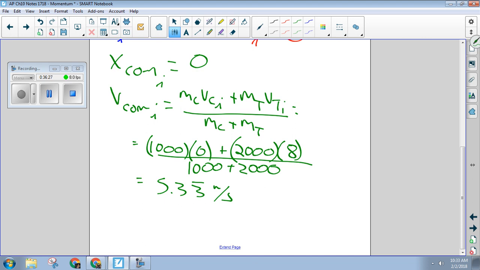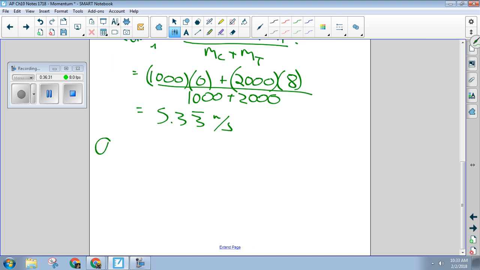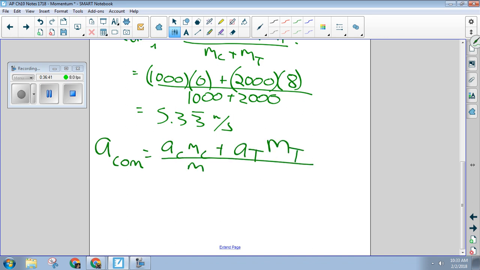All right, now I'm going to do the exact same thing for the acceleration of the center of mass. So the acceleration of the center of mass is the acceleration of the car times the mass of the car plus the acceleration of the truck times the mass of the truck, over the mass of the car plus the mass of the truck. So the acceleration of the car was, is it 4?